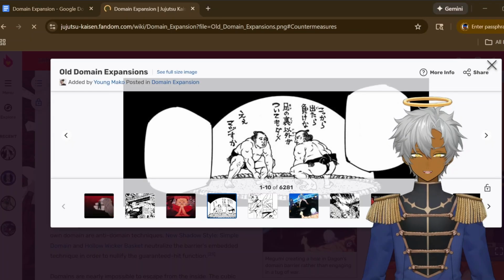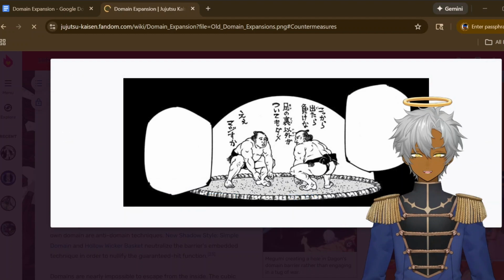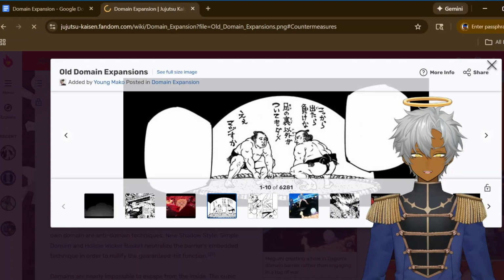So, with this being the case, that would mean that with a thinner barrier just around you, you're technically at a bigger risk of getting hit, because the attacks are getting closer to your body than they would if you were using a simple domain, which we'll talk about next, or the Hollow Wicker Basket technique that we just talked about earlier.